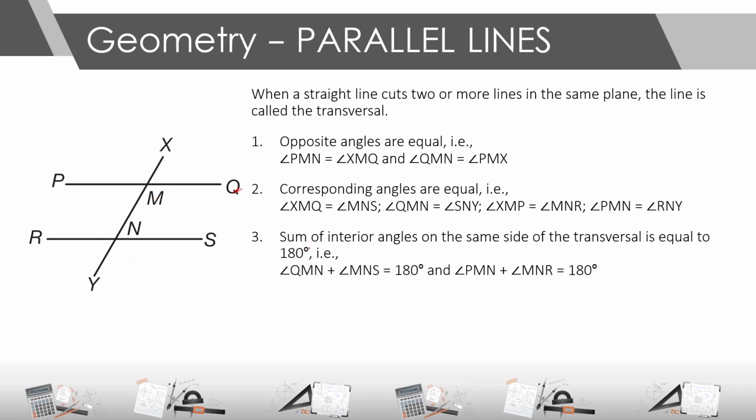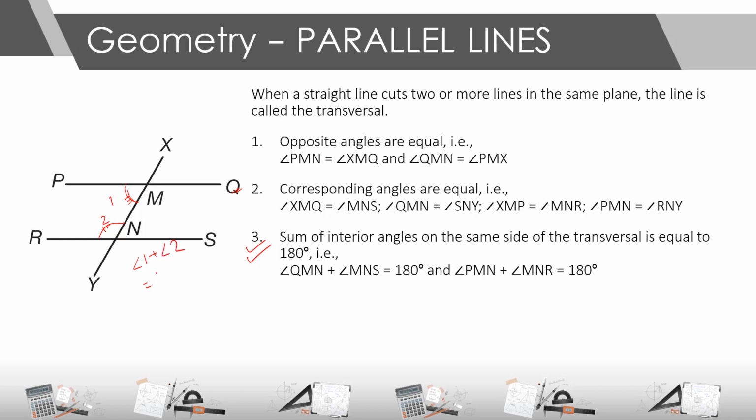The third property is that the sum of interior angles of the same side of the transversal is going to be 180 degrees. So if you look at the interior angles on the same side, PMN, this is one, and the other is MNR. These two angles are on the same side of the transversal, and these are interior angles.